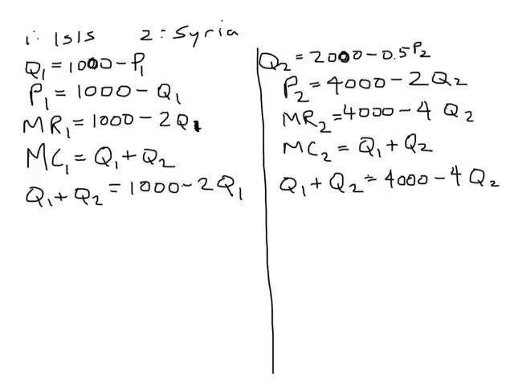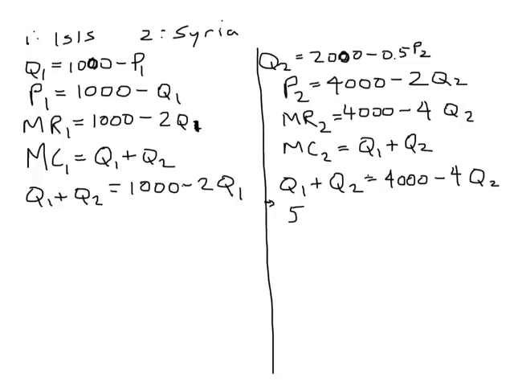All right, and now we have two equations and two unknowns, and it's a little bit computationally intensive, but it's not particularly hard, I would argue, once you get marginal costs correct. So I'm just going to solve the Syria market to get Q2 in terms of Q1, and I can add 4Q2 to both sides and subtract Q1 from both sides.